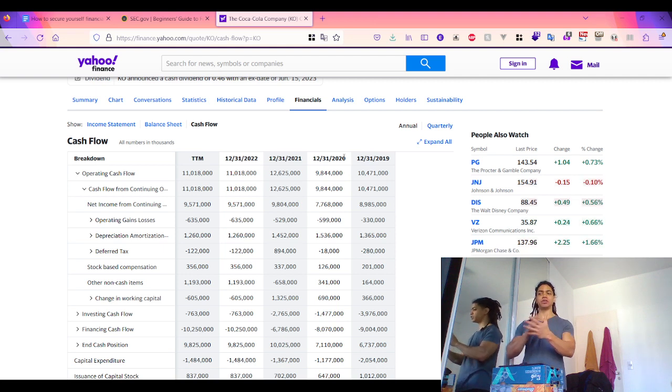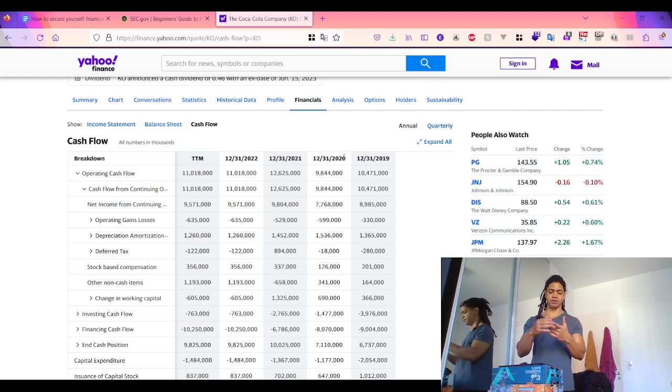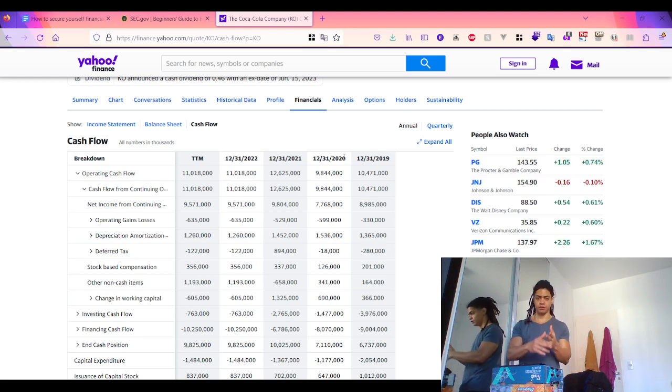Copyrights, exclusive rights to creators of original work so they can manufacture, distribute, and sell their creation over a period of time. So, for example, you have Netflix, Twitter, Spotify, McDonald's.